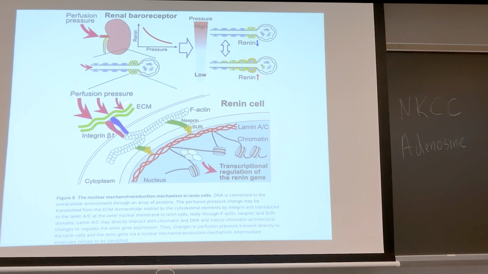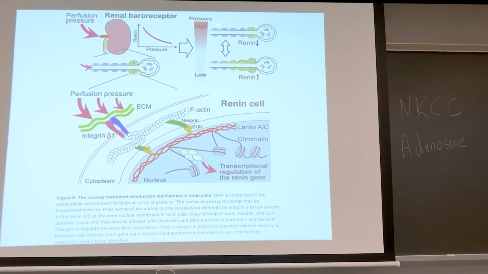And so when perfusion pressure pushes against the wall of the arteriole, the afferent arteriole in particular, it is going to be transferred through the collagen, through the integrins, through the actin, all the way into the nucleus. And you're going to pull on the laminin AC. The laminin AC can feel, right? Feel blood pressure.